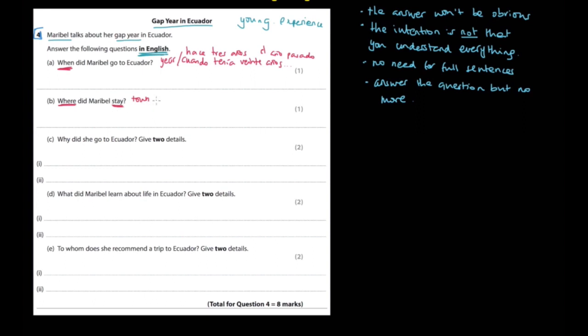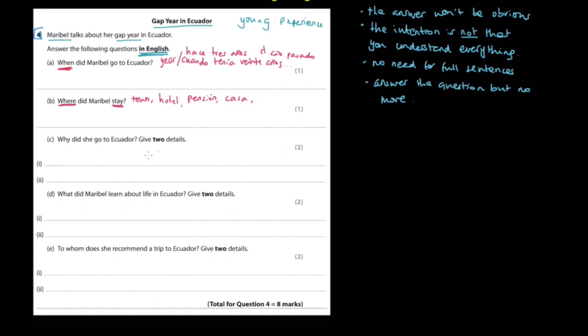Where could she have stayed? The type of accommodation. Could we have un hotel? Una pensión? Una casa? Or, if it was who she stayed with, for example. So bear that in mind.